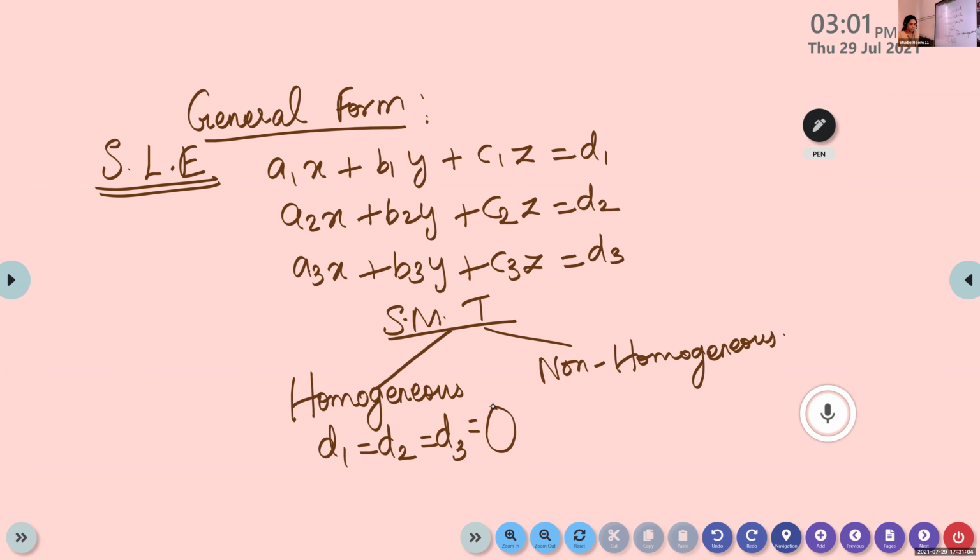Otherwise, if d1, d2, d3 are non-zero, then it is called non-homogeneous.